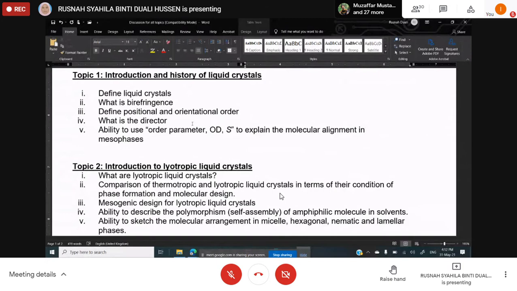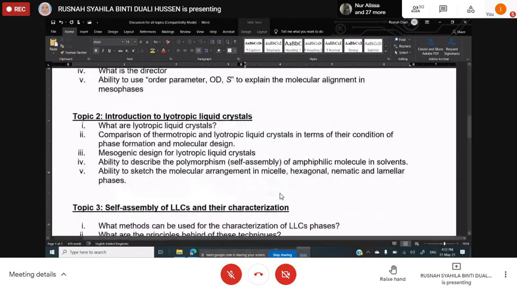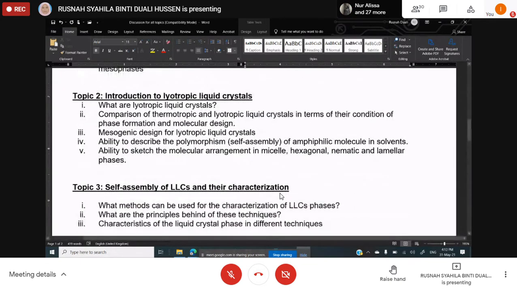Okay, so what exactly the value is depends on the mesophase that exists in that liquid crystal phase. Okay, so in topic 2, we actually learn more specifically about the lyotropic liquid crystal.